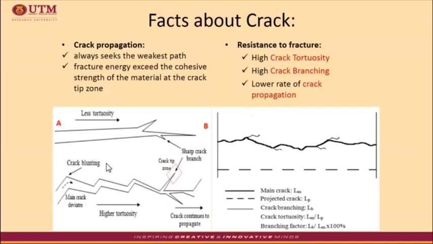So what are the facts about cracks, and how does the mix character improve its resistance against fracture? Basically, the greater the value of crack tortuosity of a material, the better the material's capability to resist crack growth.